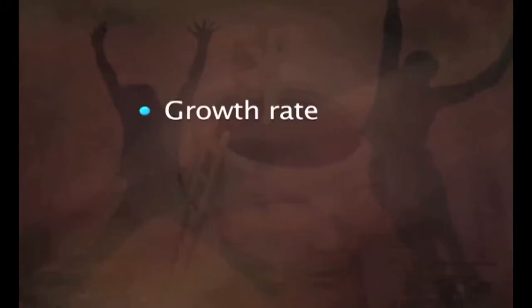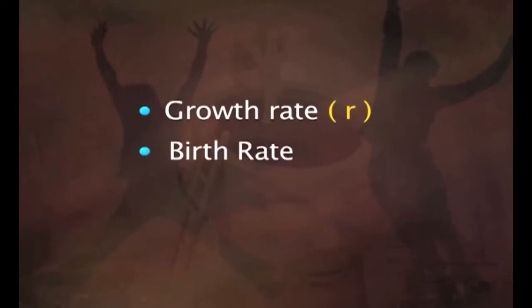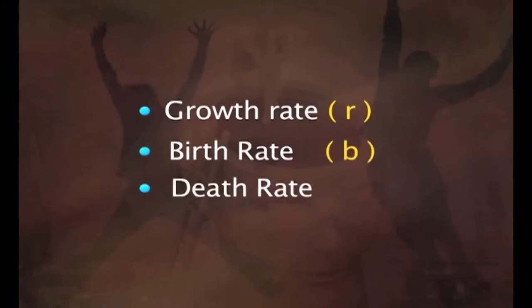Now, in order to understand population explosion, we need to understand some technical terms like what is growth rate, which is usually represented by small r, what is birth rate, which is represented by small b, and also what is death rate, that is represented by small d. Now, coming on to define what is growth rate.